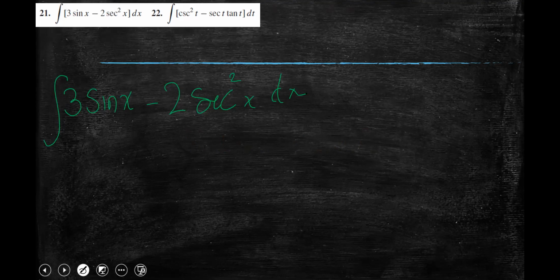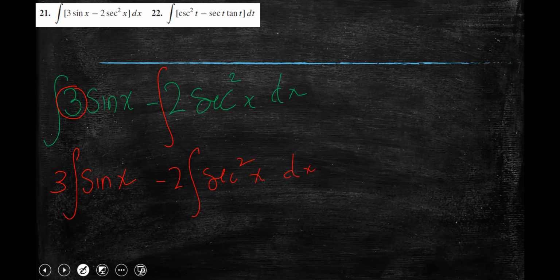Now I will distribute the integral sign. Then the constant will be outside of the integral. So it's like 3 times the integration of sine, minus 2 times the integration of secant squared x dx.